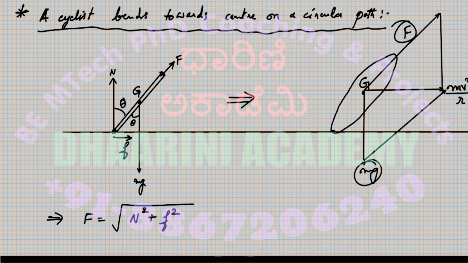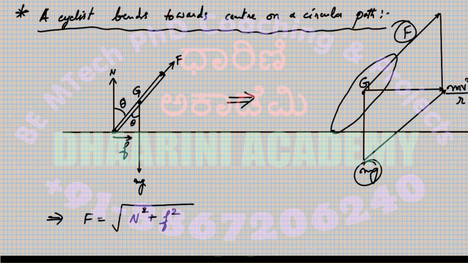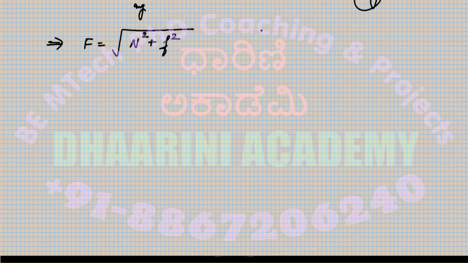So we can try to write the equations in a different format. The overall equation which governs everything, I'll try to write all the equations. So tan theta, if you want to calculate, you can use this equation, that is f, the frictional force, divided by the normal reaction N, right?